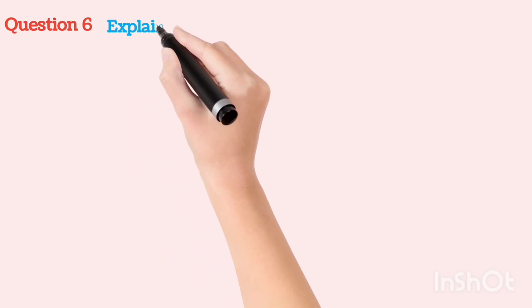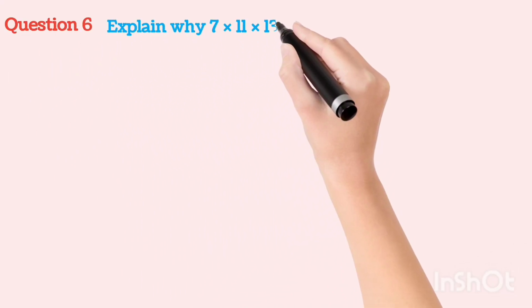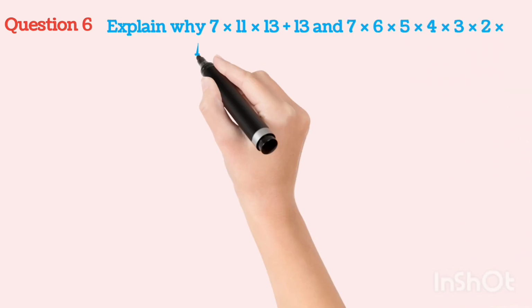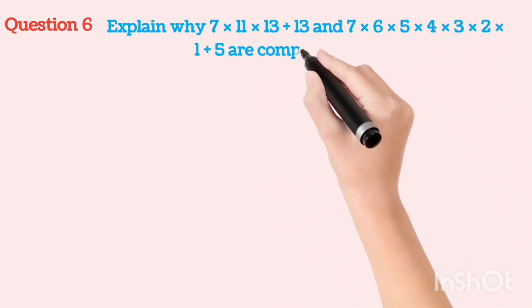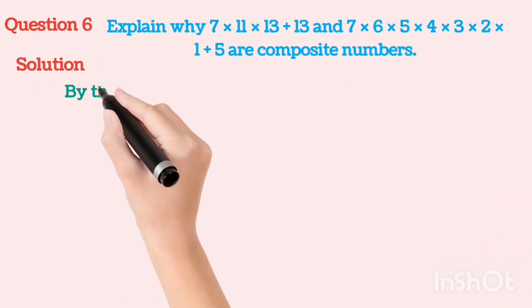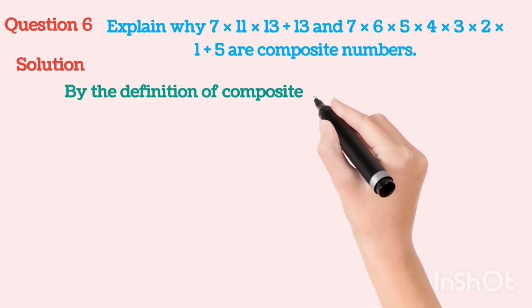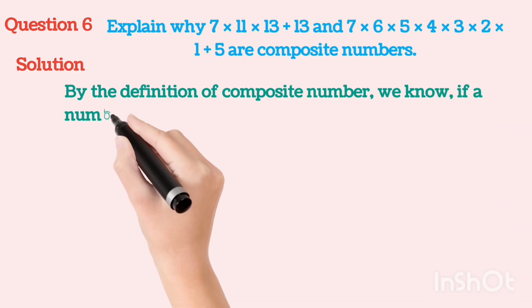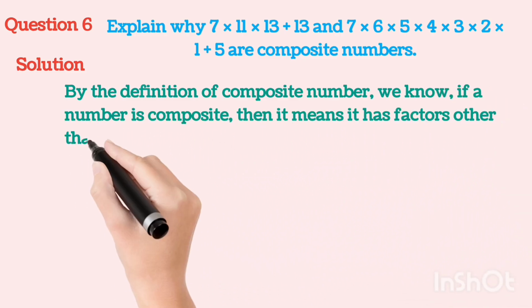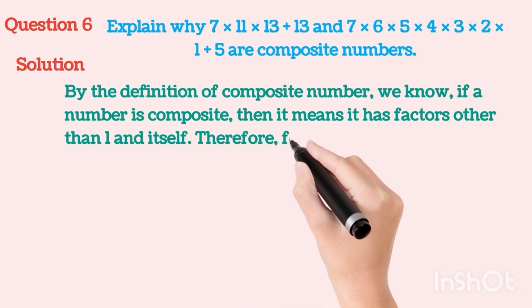Question 6. Explain why 7 into 11 into 13 plus 13 and 7 into 6 into 5 into 4 into 3 into 2 into 1 plus 5 are composite numbers. For this, we will give a solution by the definition of a composite number. We know if a number is composite, then it has factors other than 1 and itself.